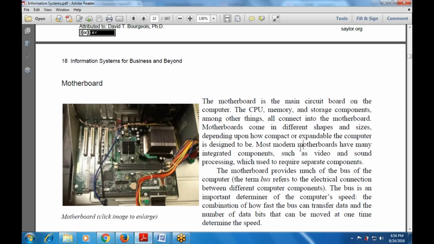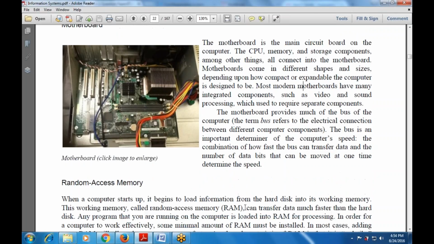Nowadays everything is available within the motherboard only, that is the sound card, graphic card, video card, everything. The motherboard also provides much of the buses of the computer. A bus refers to the electrical connection between the different computer components. The bus is an important determinant of computer speed, a combination of how fast the bus can transfer data and how many data bits can be moved at one time.